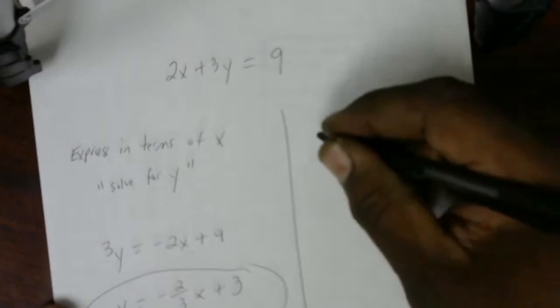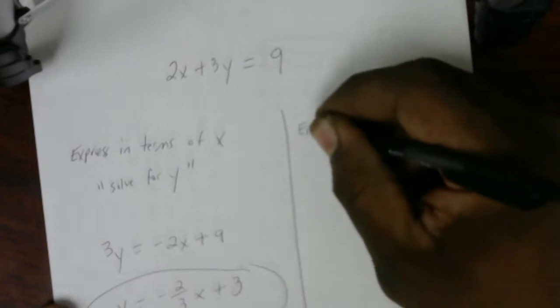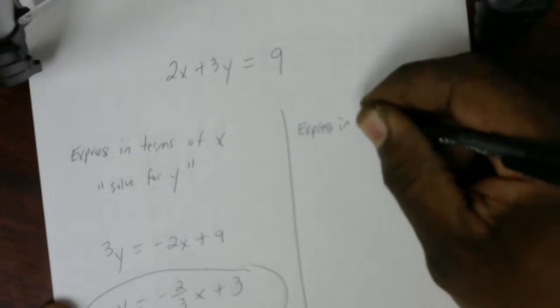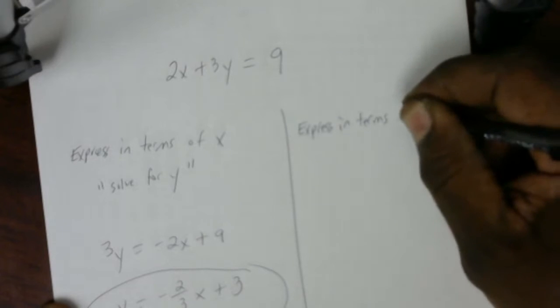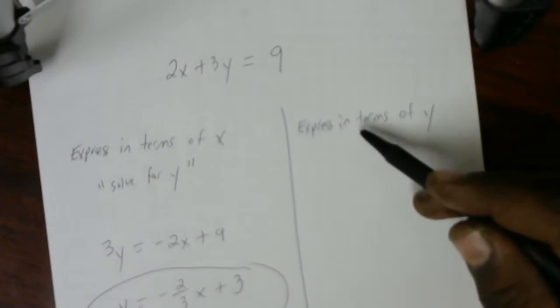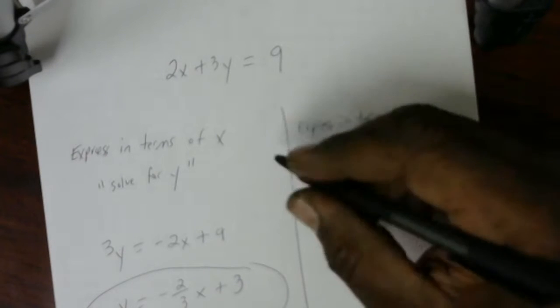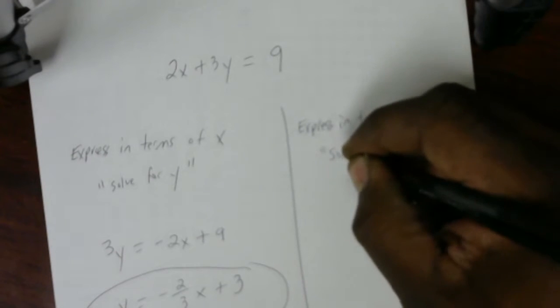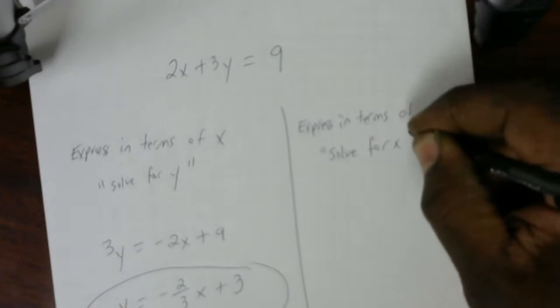Now I'm going to take the same function and we're going to express it in terms of y. So in a nutshell, to express something in terms of y simply means to solve for x.